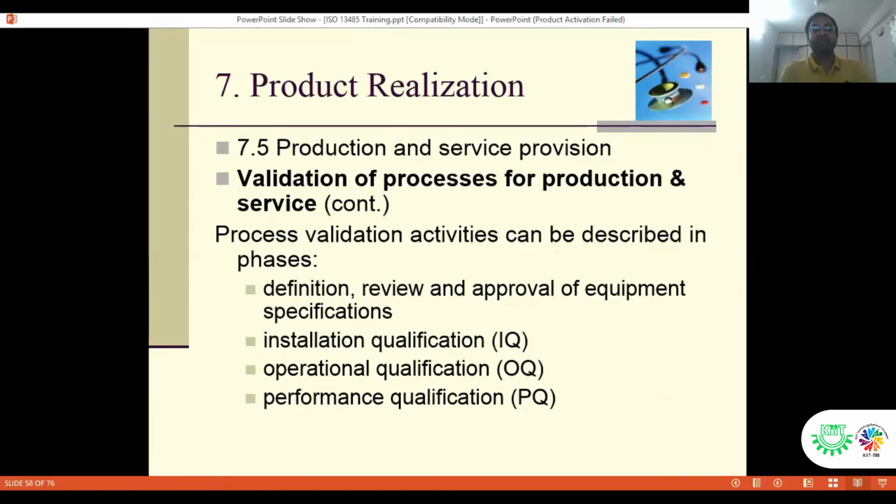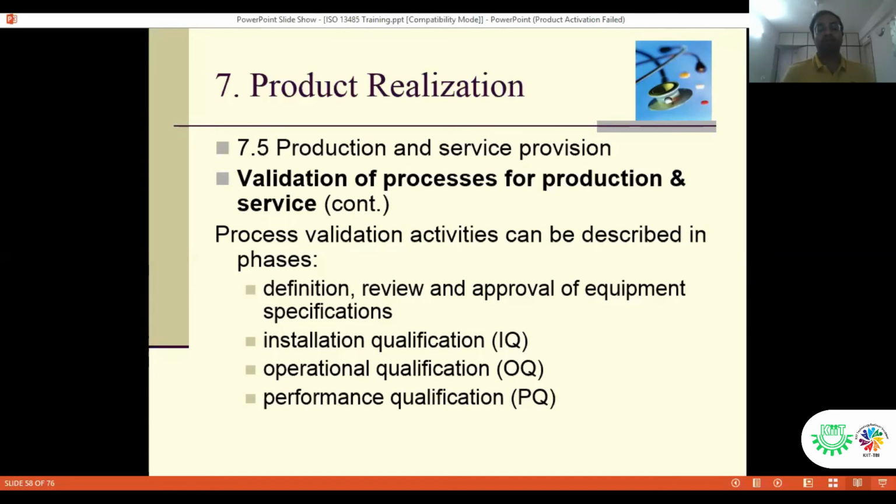So for validation, what are the requirements? The requirements are the installation qualification, operational qualification, and performance qualification. Installation qualification is the responsibility of your supplier. Suppose you are buying an instrument or equipment, then it is the responsibility of your vendor to carry out the installation qualification. Operational qualification and performance qualification are the responsibility of the medical device manufacturer.